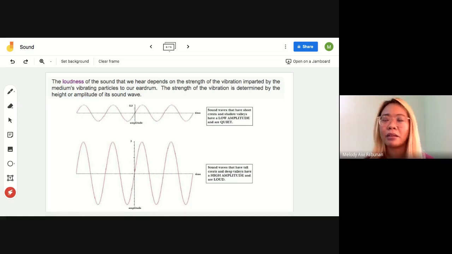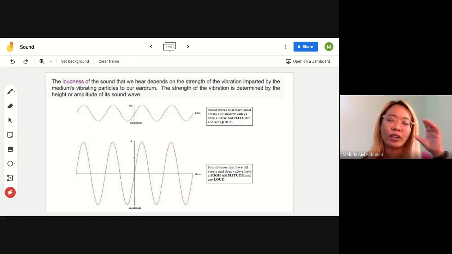Pero may mga animals naman such as dogs and cats, mas sensitive yung kanilang ears, therefore they can detect more sounds na mas mababa yung amplitude. So yun yung sinasabi nila na merong naririnig yung mga aso or pusa na hindi natin naririnig. Or sometimes, naririnig nila earlier.